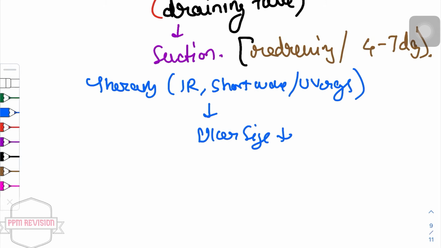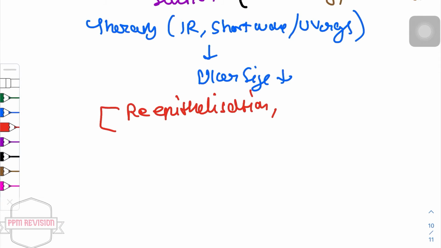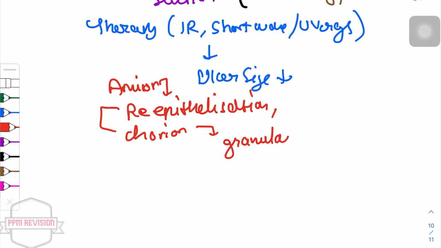The amnion promotes reepithelialization, that's what is believed, and the chorion promotes granulation tissue formation.